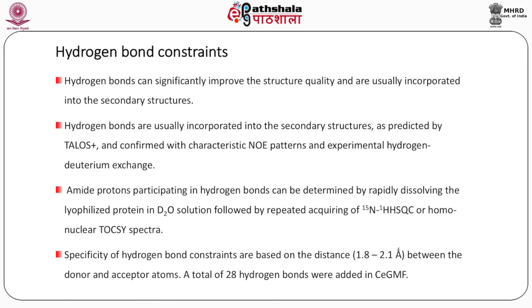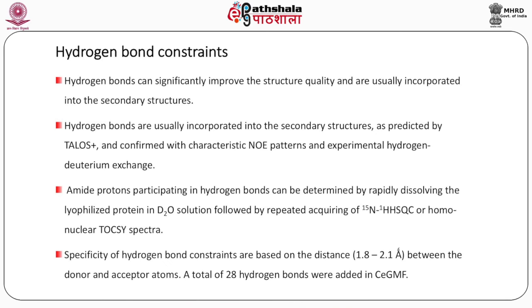Hydrogen bond constraints. Hydrogen bonds can significantly improve the structure quality and are usually incorporated into the secondary structures as predicted by TALOS+ and confirmed with characteristic NOE patterns and experimental hydrogen deuterium exchange.